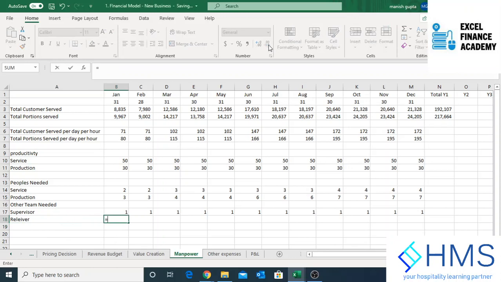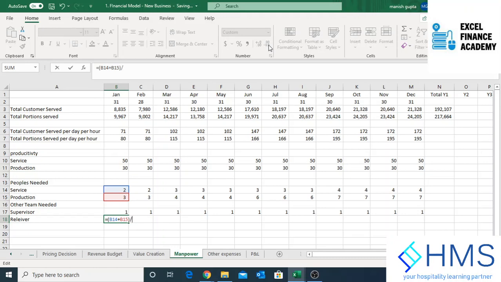And then you can say, okay, in total I have 5 people to relieve in a month, right? How many days do I have to relieve? So let's say they are able to work only 5 days a week officially, so that means you need to relieve 2 days a week, which means 8 days a month.